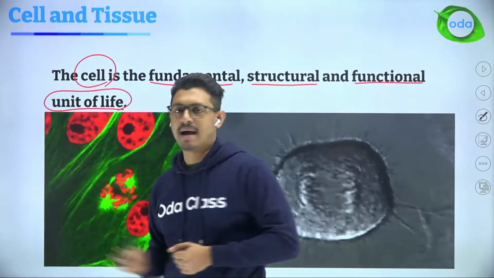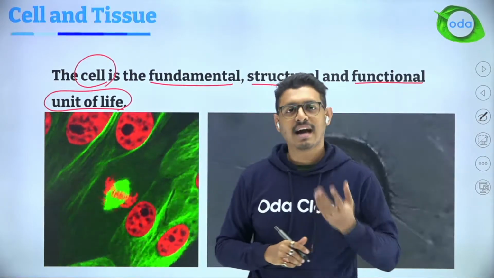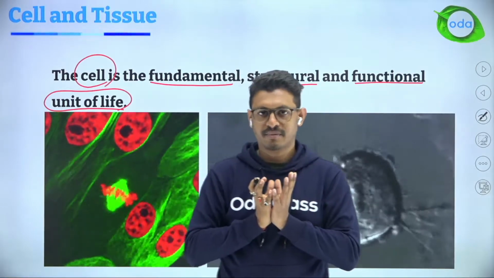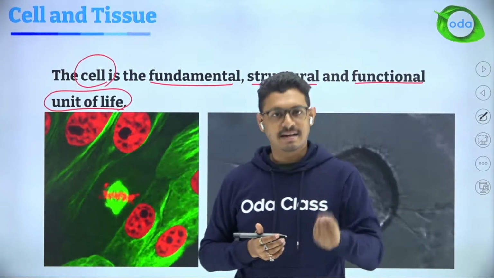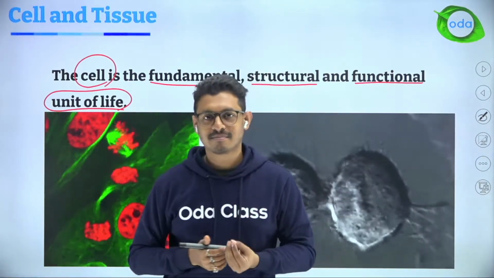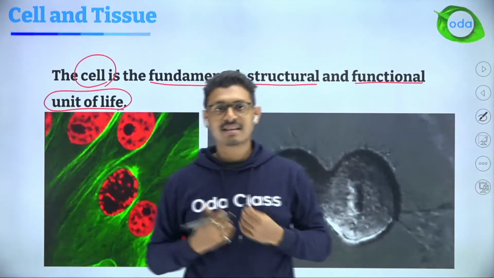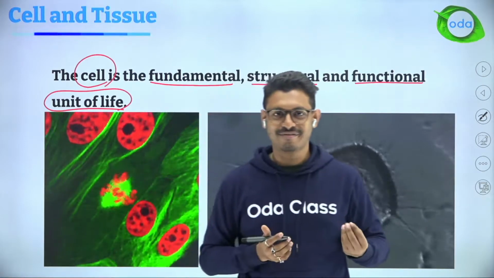Now, when it comes to matter, matter is basically anything around you that has mass and occupies a volume in space, isn't it? Matter is made up of atoms, the smallest material units that we think of. Living things are also made up of atoms, but atoms individually are not alive.